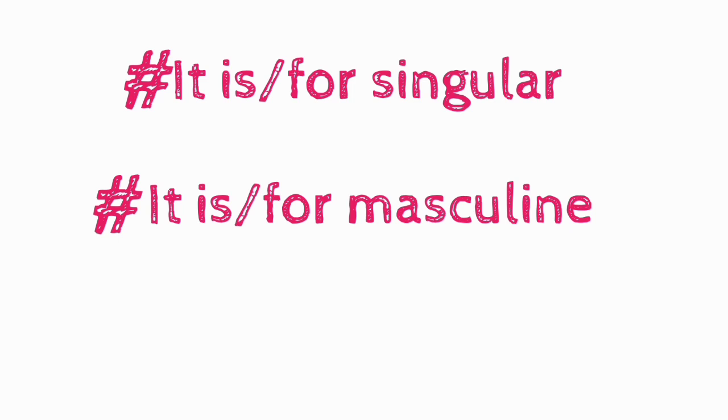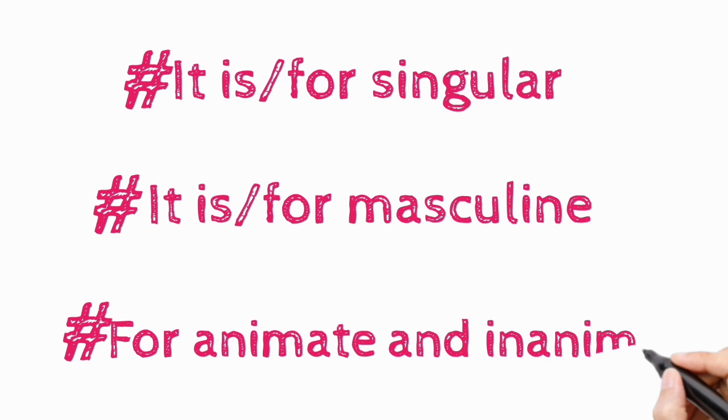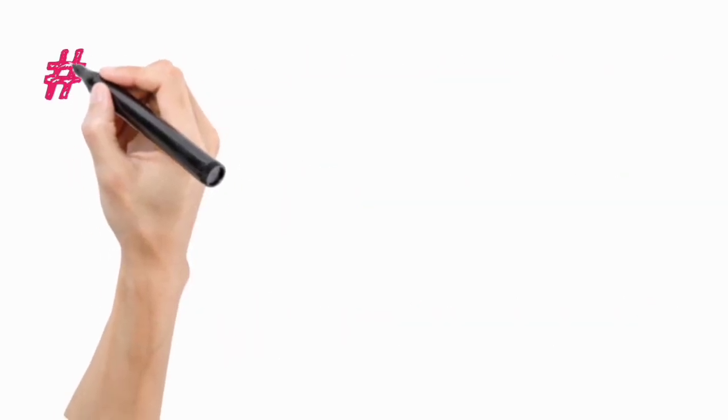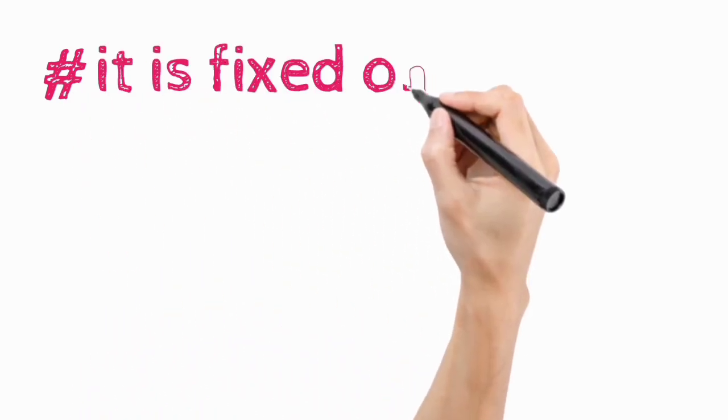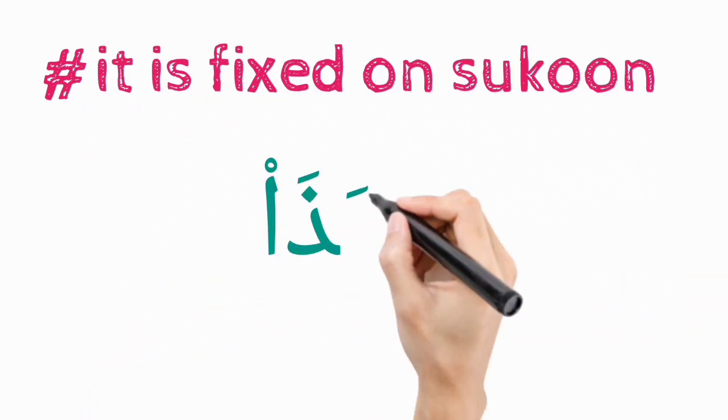It is for masculine, that is haza is masculine in nature and is used in addressing things that are also masculine in nature. Haza is used in addressing things that are animate and also things that are inanimate, provided that they are singular and masculine. And most importantly here is that haza is fixed on sukun.